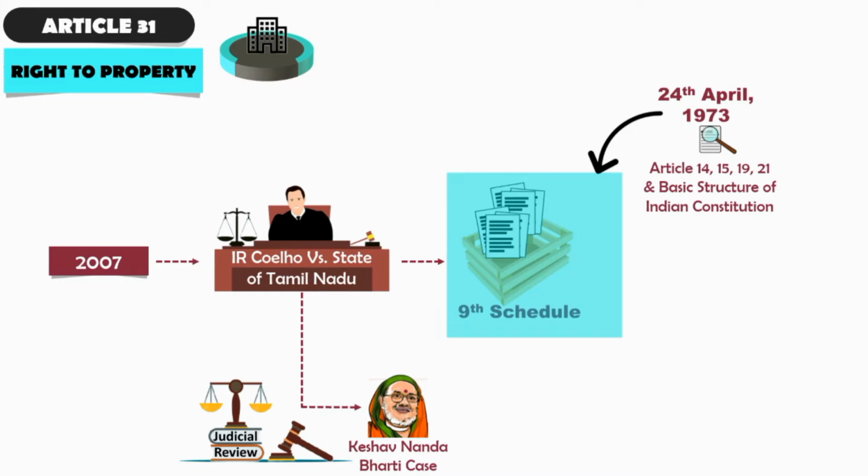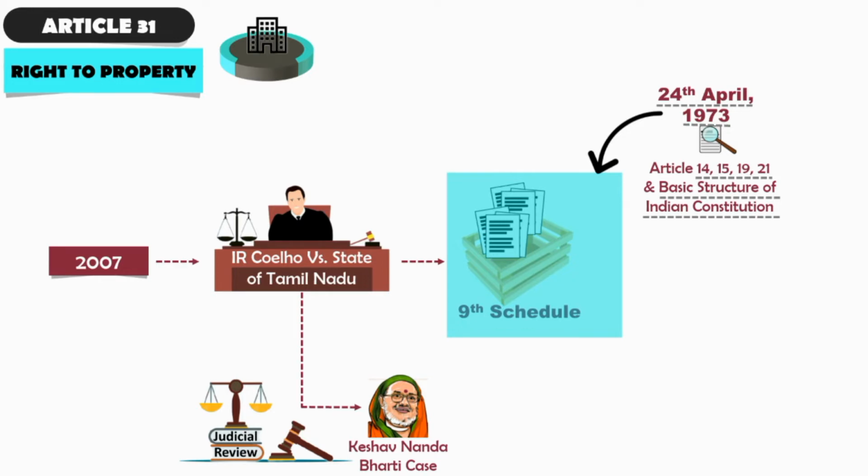This means if any act inserted in the ninth schedule after 24th April 1973 violates the fundamental rights mentioned in Article 14, 15, 19, 21 and the basic structure of Indian Constitution, then those acts can be reviewed by the judiciary and can be challenged in the Supreme Court.